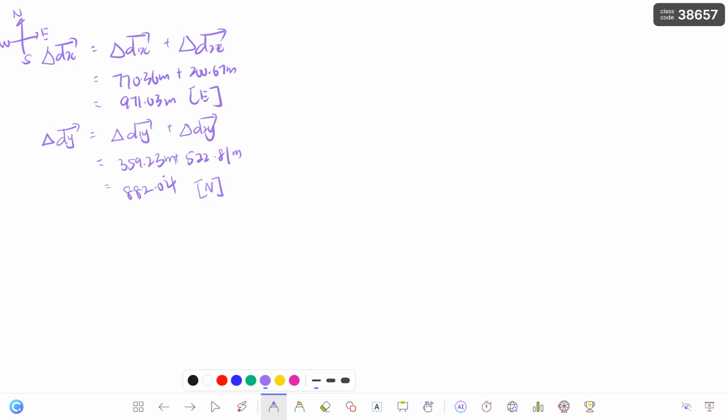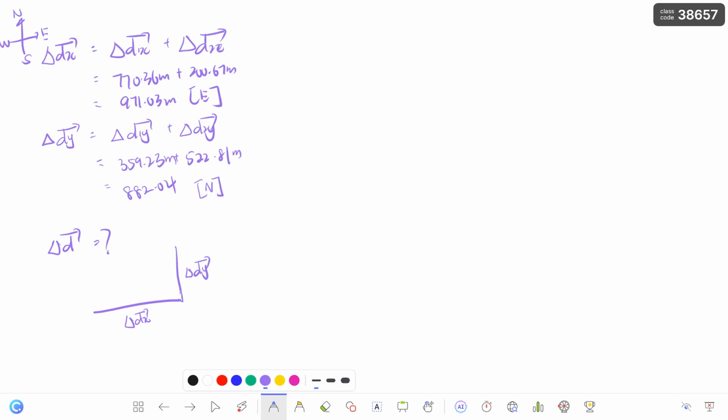Okay, now we break down the two-dimensional vector problem into x and y. Therefore, delta d is what we wanted to find. Let's say this is dx, and this is dy.